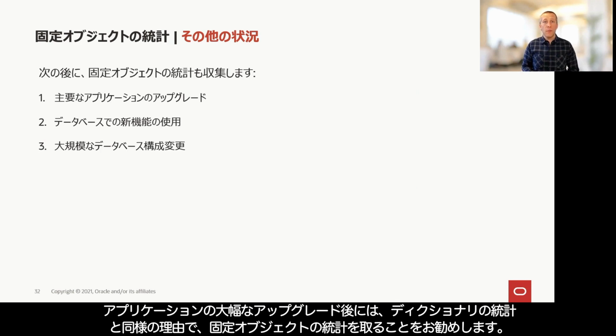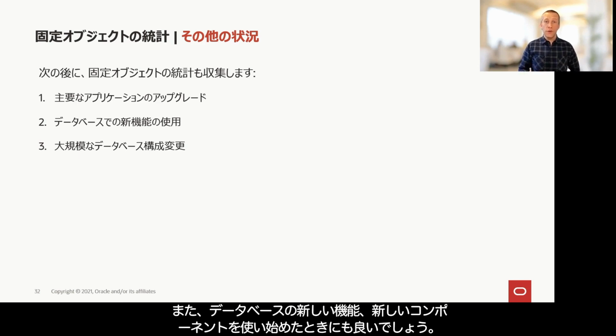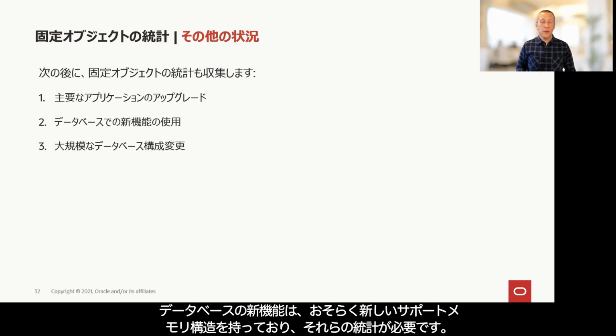Well, after major application upgrades, it can be a good idea for the reasons we discussed with dictionary statistics. When you start to use new functionality in the database, a new component, it's also a good time. New functionality in the database probably has some new supporting memory structures, and we need statistics on those.